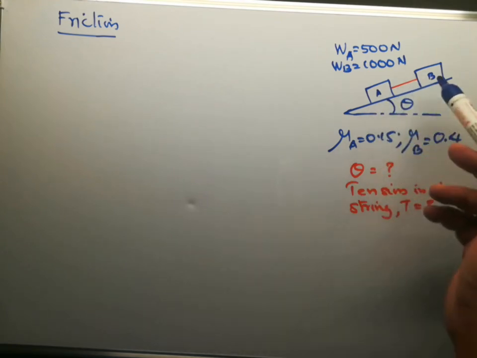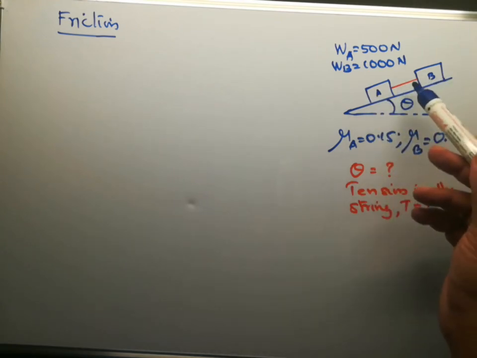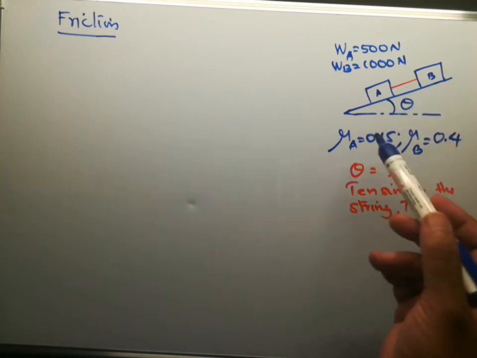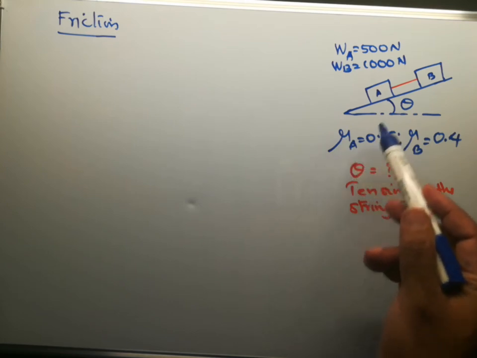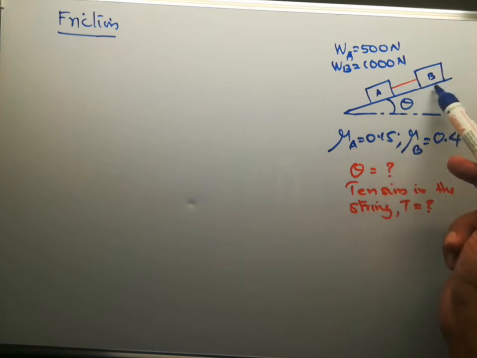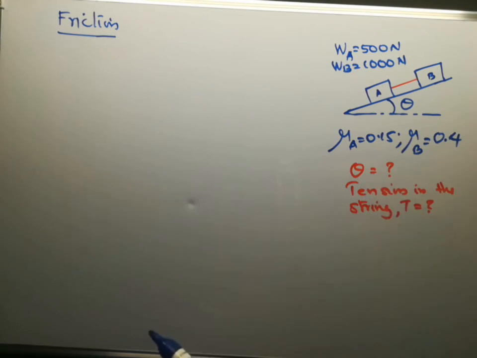Also, these two blocks are connected to each other using a light inextensible string. The coefficient of friction between block A and the plane is given as 0.15, and that between block B and the floor or the plane is given as 0.4.